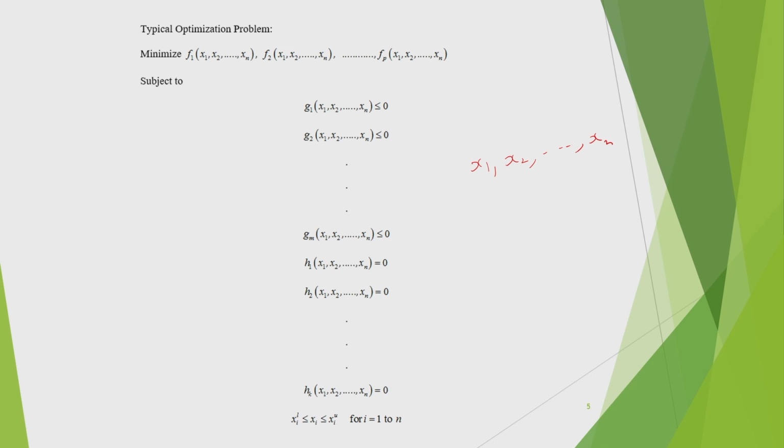We may have many objectives, like here f1 must be minimized, it is a function of that. f2 must also be minimized, fp also must be minimized, and these functions will be known to us. That is called the objective function. So basically we have the objective function.